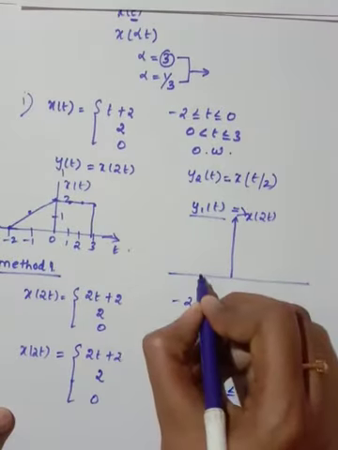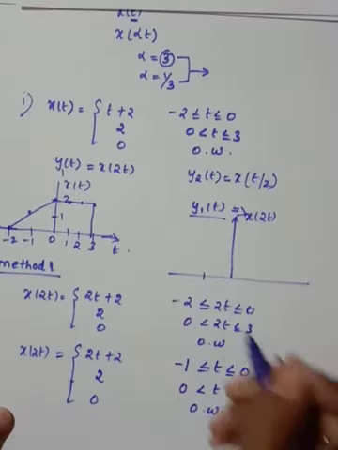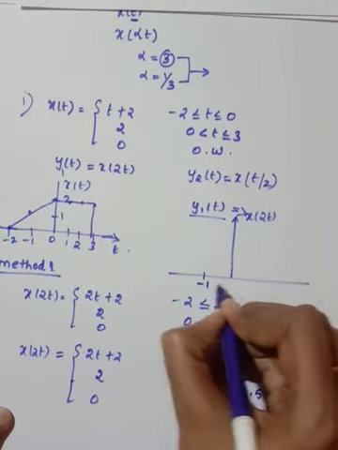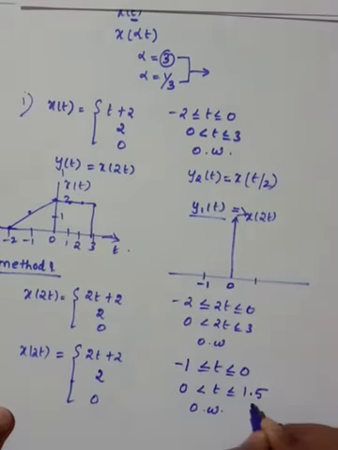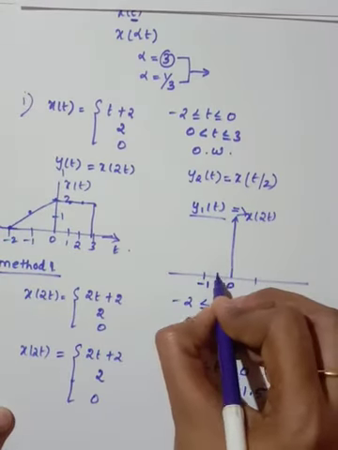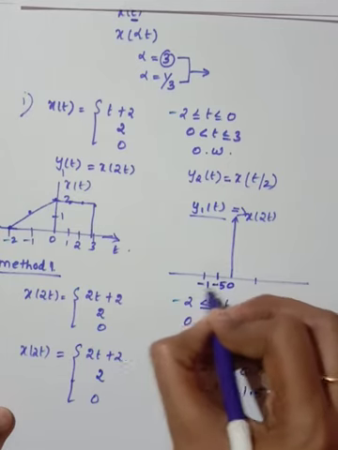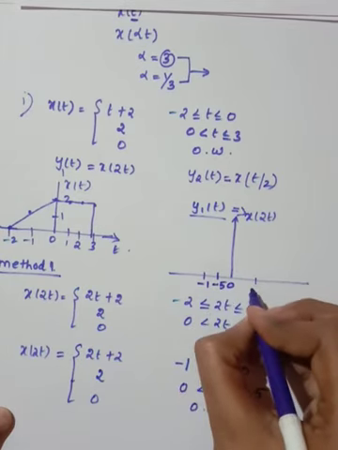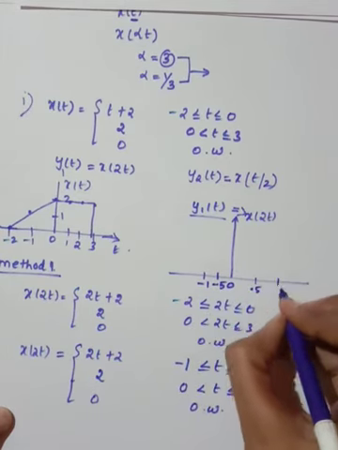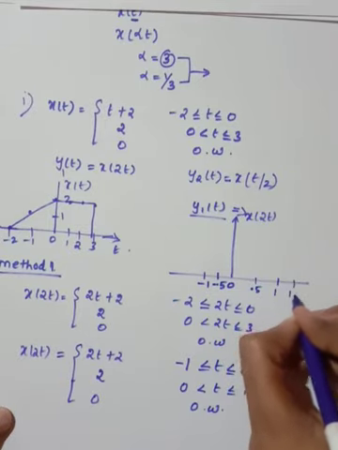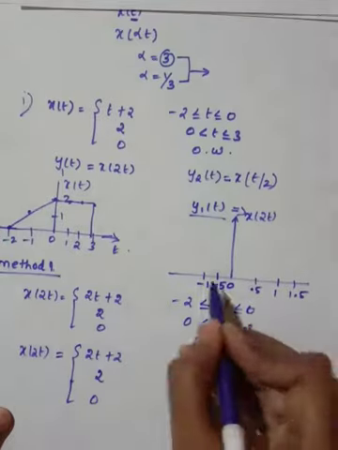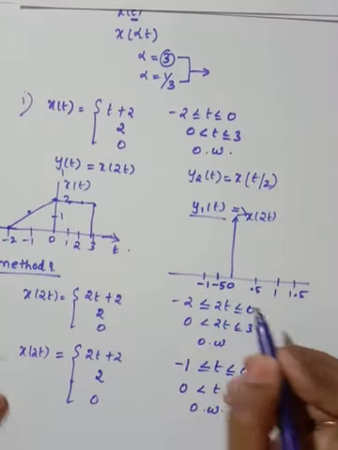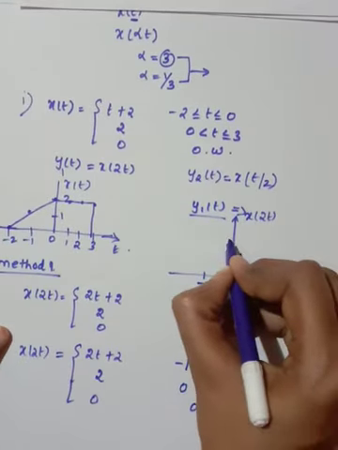The range is from minus 1 to 0, and up to 1.5, so I am changing the scale: minus 1, minus 0.5, 0, 0.5, 1 and 1.5. Either you can keep it as such, or you can increase the scaling. Here it is 1, here it is 2.